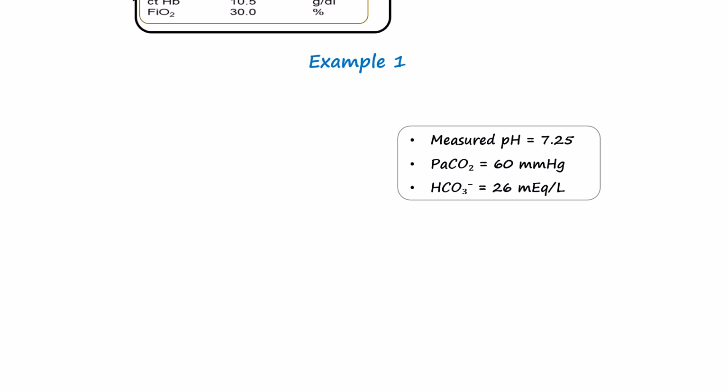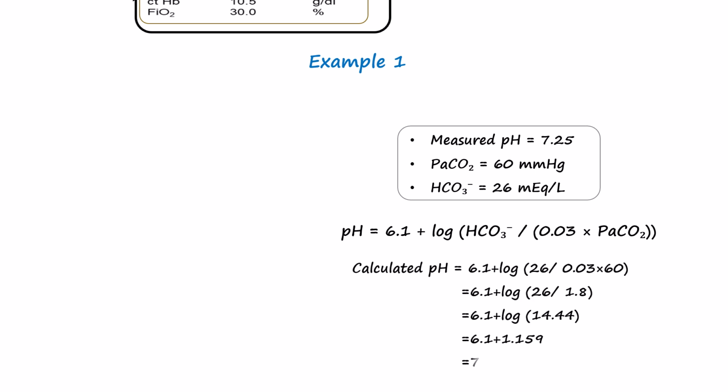To illustrate this concept, suppose the measured pH is 7.25, the PaCO2 is 60 mm of mercury, and the HCO3 is 26 milliequivalent per liter. We now use the Henderson-Hasselbalch equation to calculate the expected pH by using the measured bicarbonate and PaCO2. From the calculation, the calculated pH is approximately 7.26.